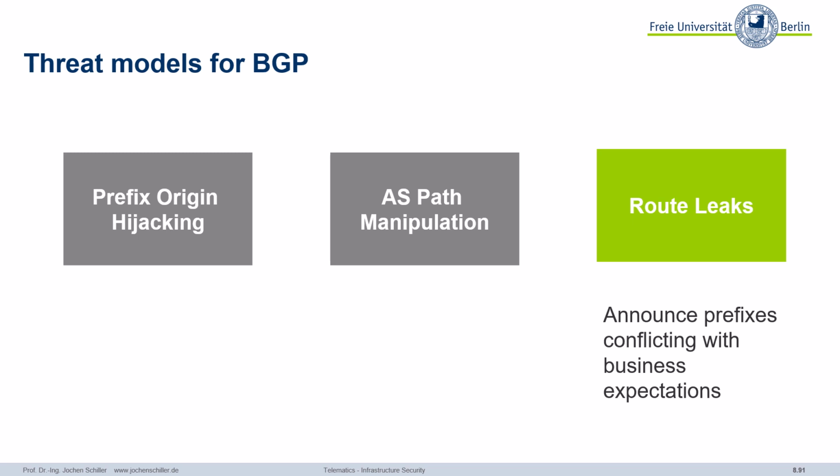We had a third issue with the threat model, and that was route leaks. Basically, this is announcing prefixes conflicting with what you expect from an autonomous system. A route leak is, as the IETF says, propagation of routing announcements beyond their intended scope.